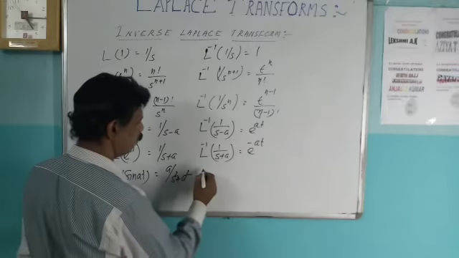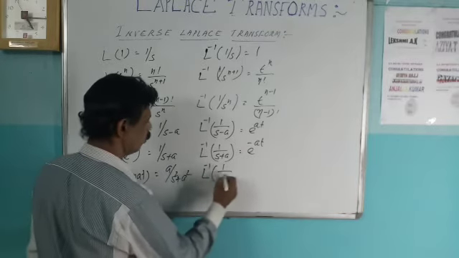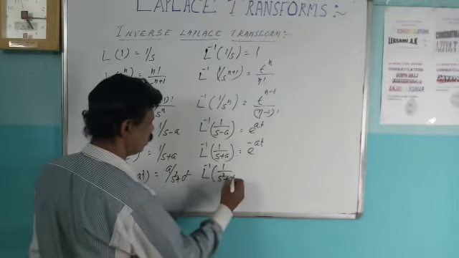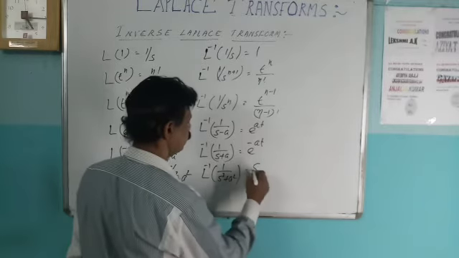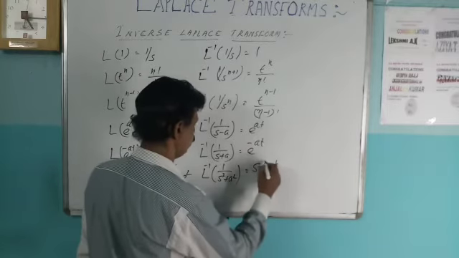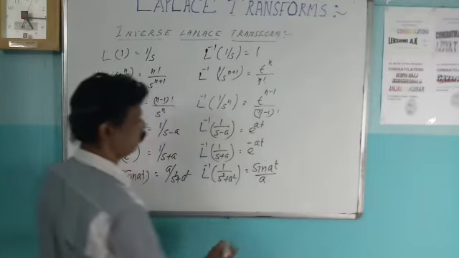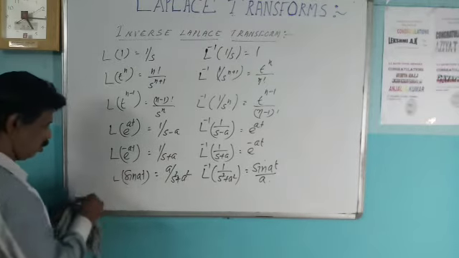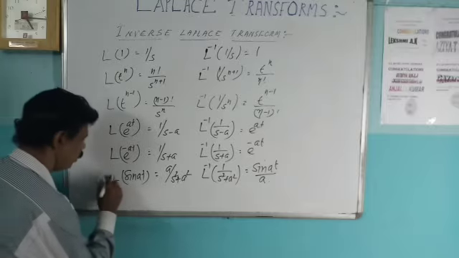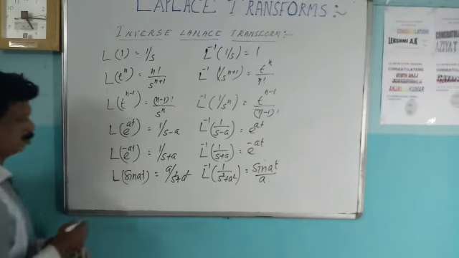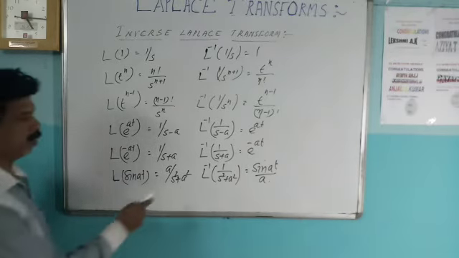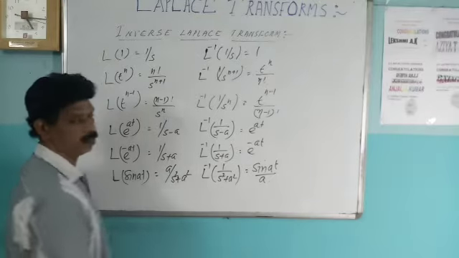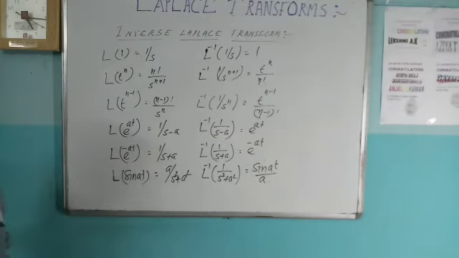So we can write Laplace inverse of 1 by s square plus a square equal to sine at divided by a.